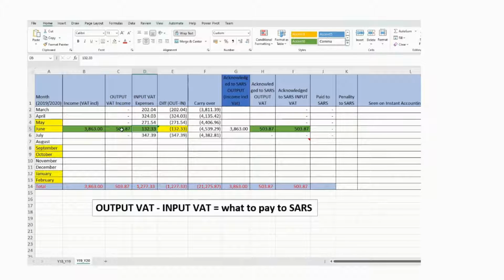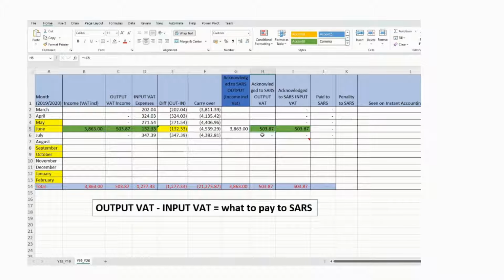So if you took 500 minus 132, there was a difference of about 370 Rand or so that I would pay to SARS. However, I know that I have accumulated a number of input VAT. So what I can do is I can just balance it off.